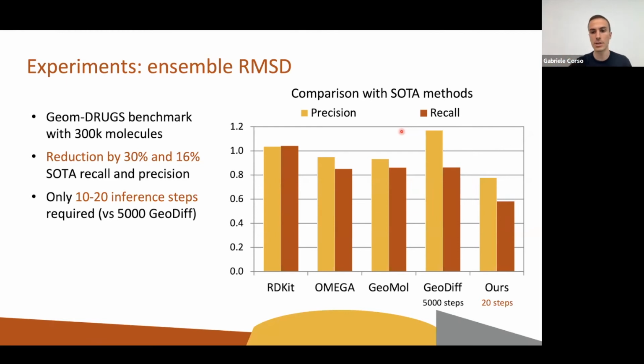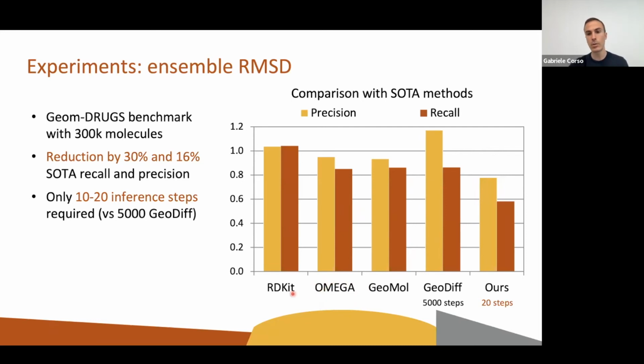And so as you can see, our model reduces the error of state of the art by about 30% on recall and 16% on the precision, and is actually the first machine learning method to outperform state-of-the-art cheminformatics methods like Omega.